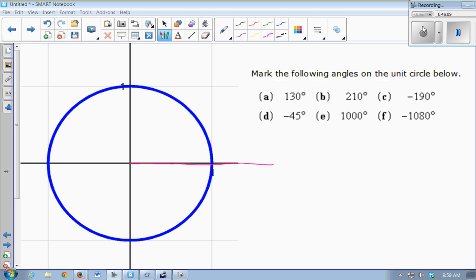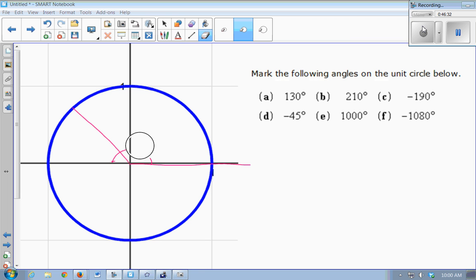So if I want 130 degrees, I would start here at the positive x-axis. Right? That gets me to 90. If I continue going, that's 180, right? So it's somewhere between 90 and 180. Halfway between would be 135, so almost halfway. So this angle is about 130 degrees.